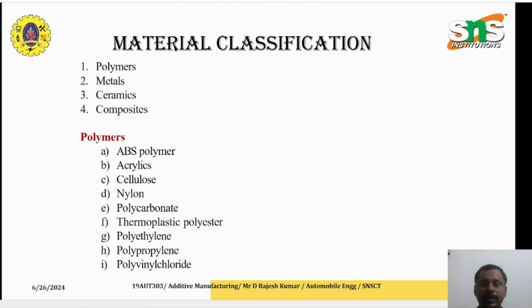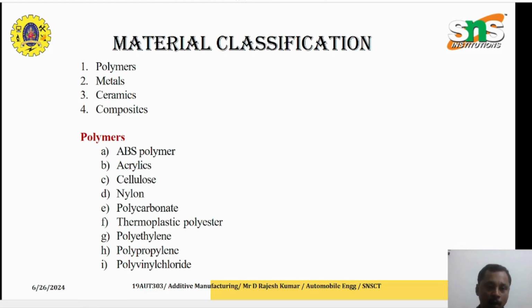So coming to the material classification, there are different kinds of materials processed in additive manufacturing techniques. The main materials are listed: one is polymer, next is metal, ceramics and composites. For polymers, you can see here there are different types.